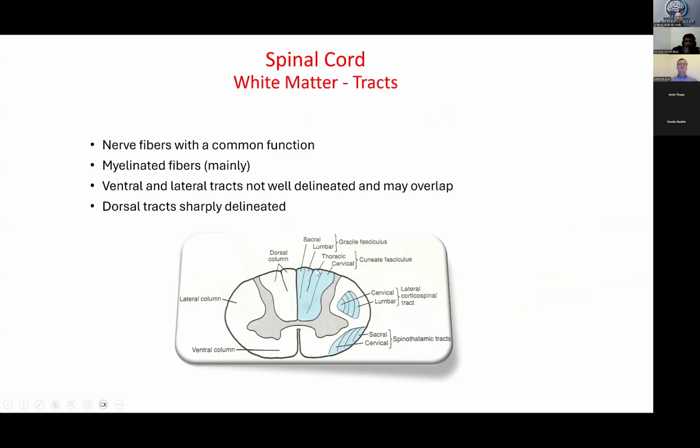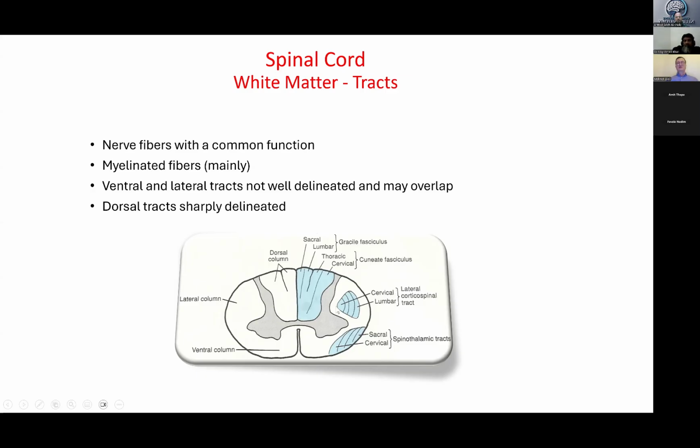Fasciculus cuneatus represents the deep sensory and touch sensation of the upper limbs. However, fasciculus gracilis, in the midline, the more medial part, represents the lower limb deep sensation.